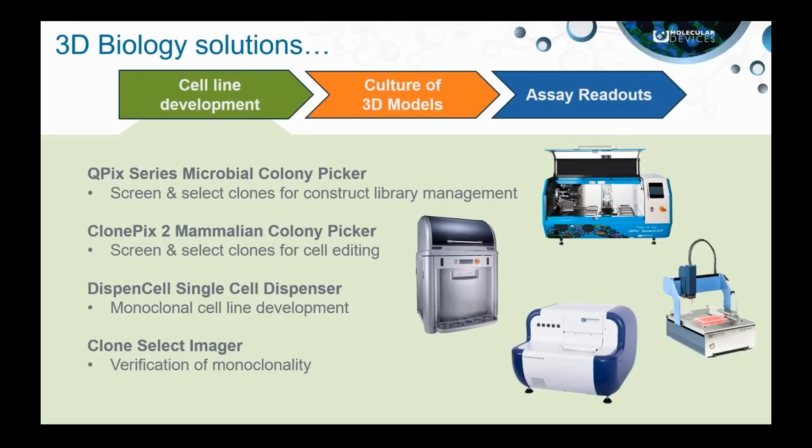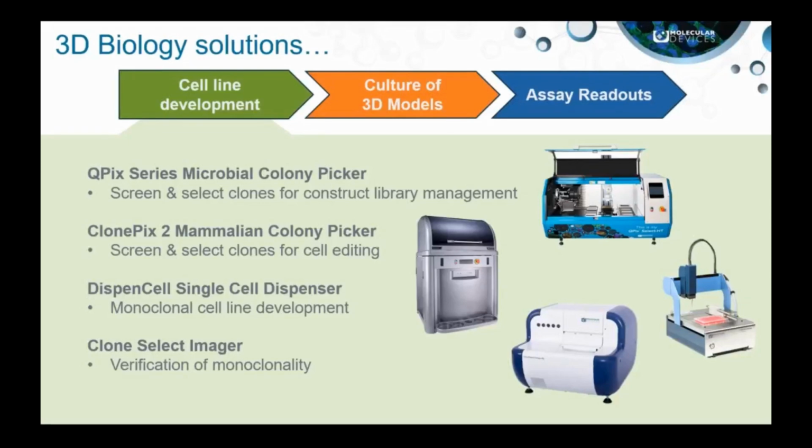We also have the ClonePix mammalian colony picker, which can help both screening and selecting cellular clones, with stem cell specific pins, which can allow for the selection of cells with specific attributes. For example, say you wanted to select a GFP positive stem cell clone. And there are also tools to help with monoclonality.